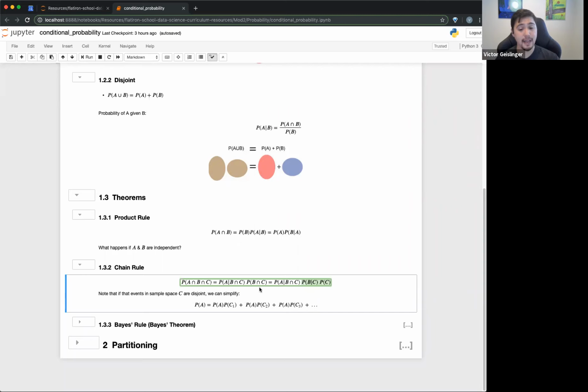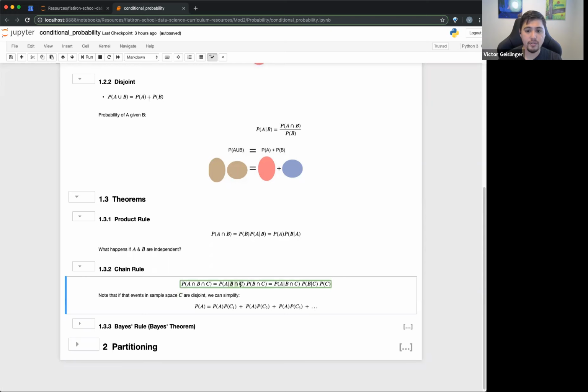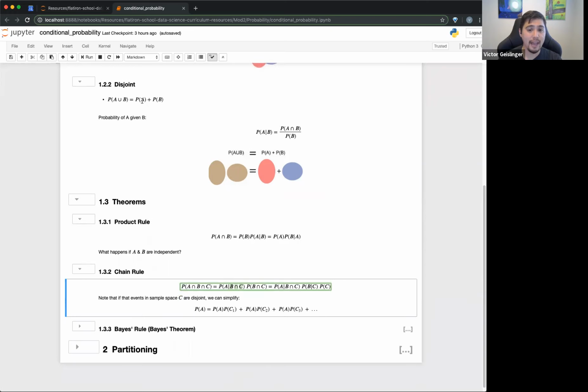The nice thing is that if the space C is disjoint, which is why we love using disjoint spaces, this simplifies, because if you remember the disjoint rule, you're just adding up the probabilities. So we can simply say probability of A times this times this, and so on. I'm just realizing now that this is not correct.